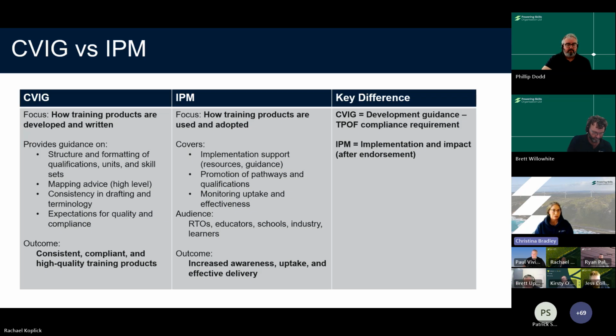It will be released with the training product up onto training.gov the day that you are notified that we've got the new qualifications and new training products available for delivery. And you enter into that whole review process. IPM is about how training products are used and adopted by our stakeholders. So this is after endorsement.